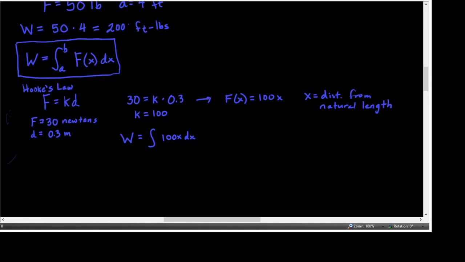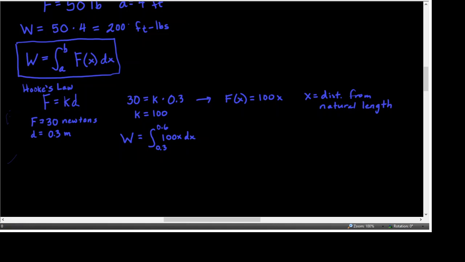In getting it to be 30 newtons, we've already moved it 0.3 meters. So it's already 0.3 meters away from its natural length, and that's the starting point. Then to compress it an additional 0.3, where will it be? If it's already moved 0.3 plus 0.3, that puts it at 0.6. So we're moving it from 0.3 meters from its natural length to 0.6 meters from its natural length.